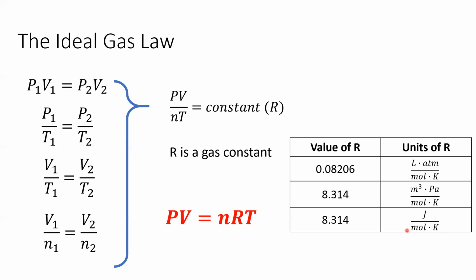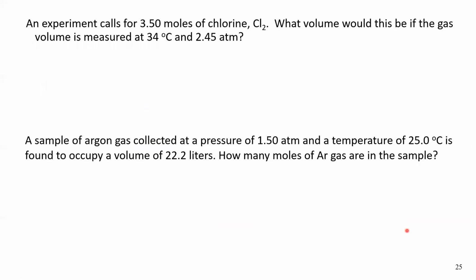So let's look at a couple of examples that involve the combined gas law and the ideal gas law. So we've got some chlorine gas, and we want to find out what volume this gas would be if the volume is measured at 34 degrees Celsius and 2.45 ATM.